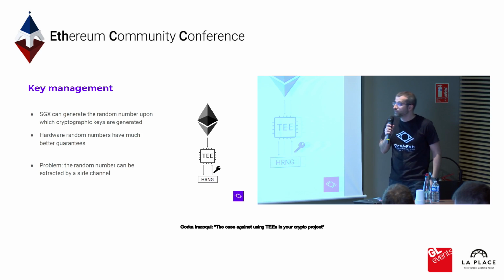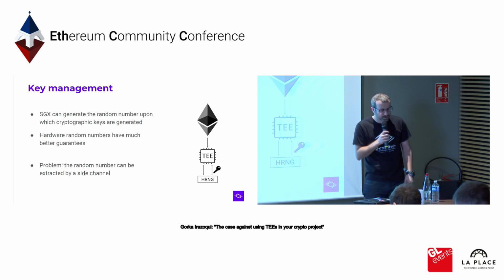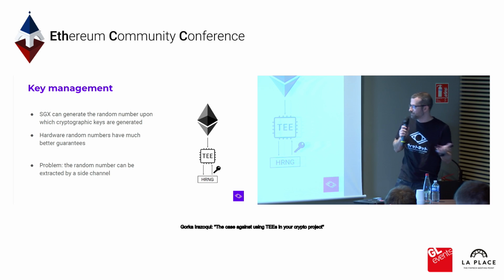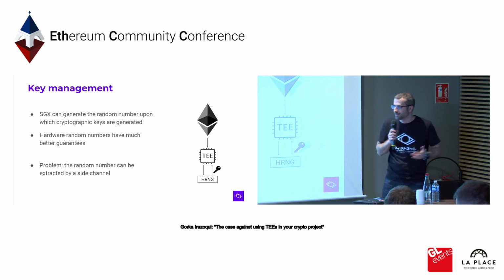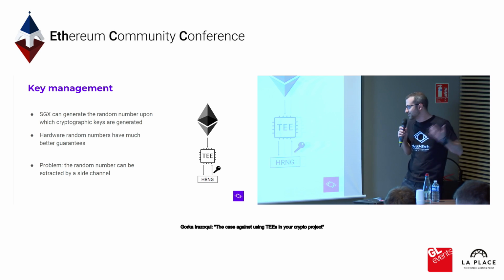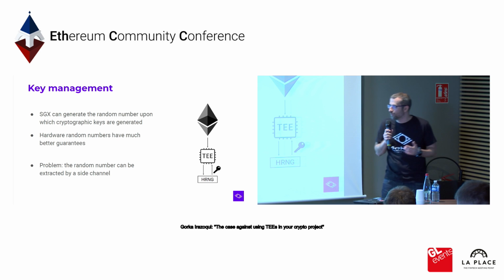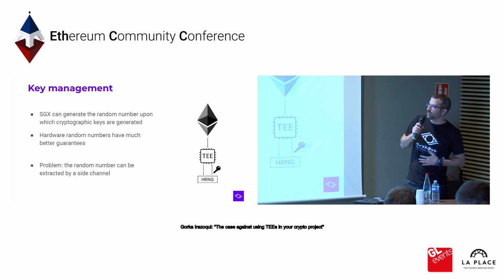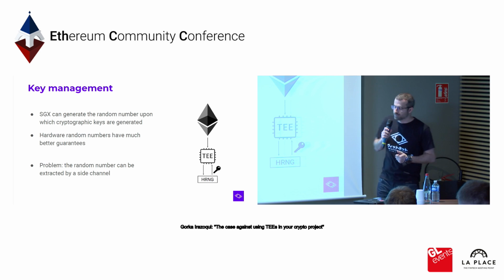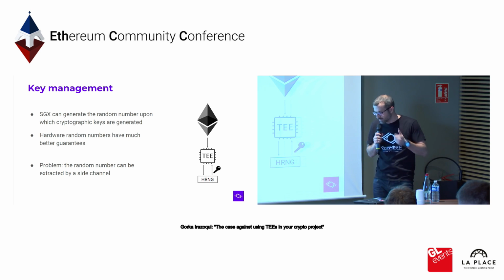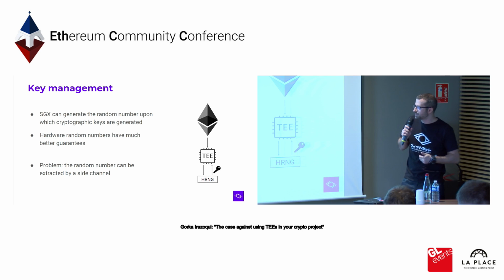The other use case could be key management. We know TEEs are a piece of hardware, and hardware can generate random numbers with much better guarantees than software. So why not use that to generate, for example, cryptographic keys? Imagine we can generate some credentials in the TEE that are for other blockchains.